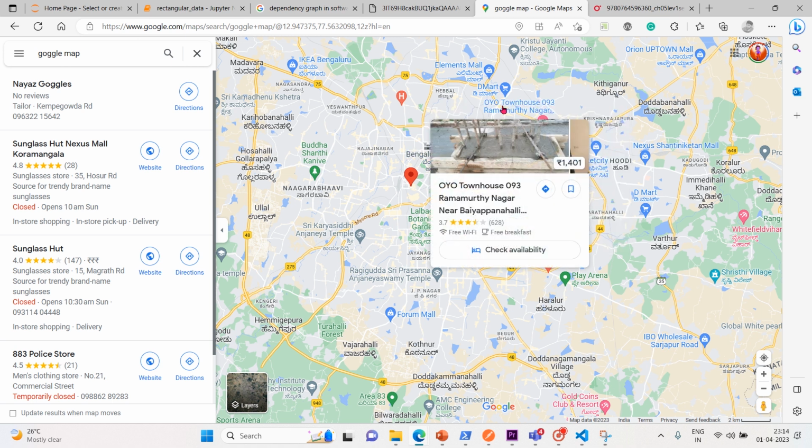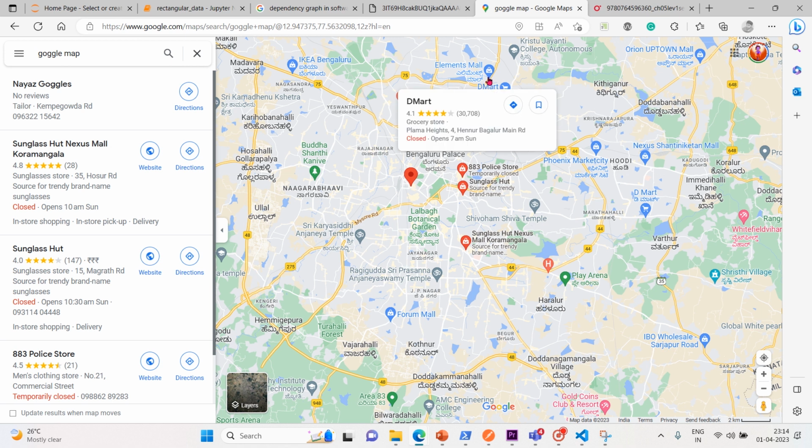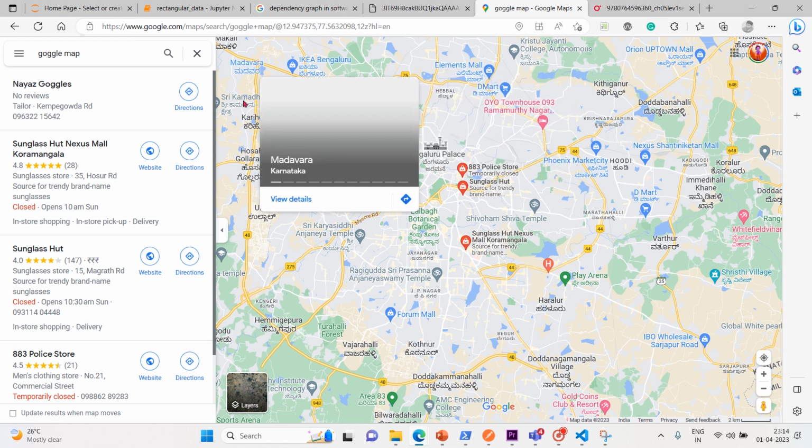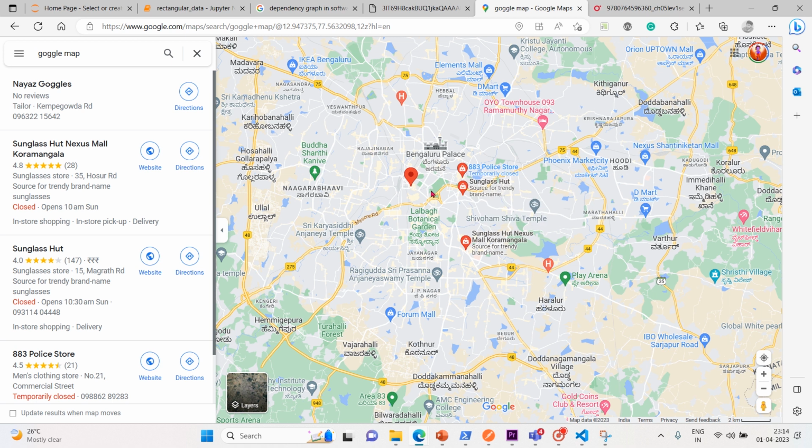Now if you see the roads, how the roads are connected to each location, this is also a road network. Whichever is your point of interest will be marked as a node, and the remaining are all connected as lines. Everything is connected as lines or edges, and that tells about the relationship between one node and another node. This is the best example of road networks such as Google Maps or GPS systems.